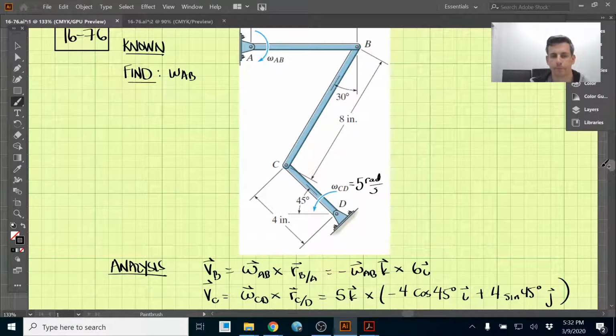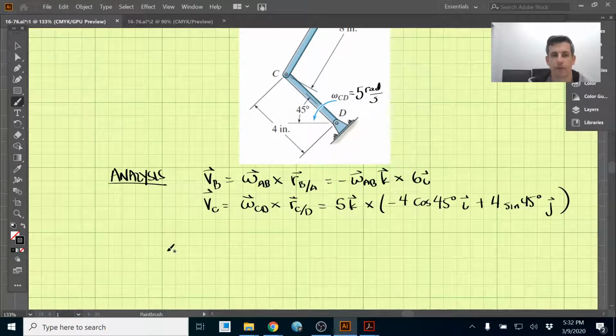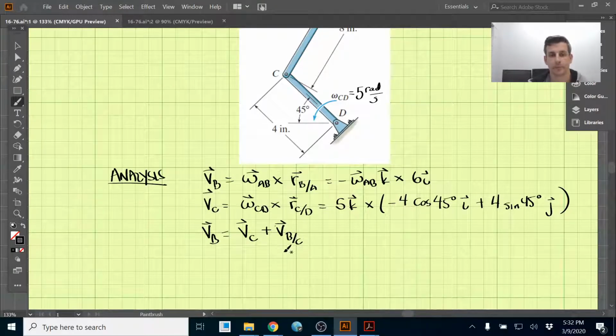All right. So we have the velocity of B and the velocity of C. What we want to do is, if we can find another equation for the velocity of B, we can solve for omega AB. And we can do that. The velocity of B is equal to the velocity of C plus the velocity of B with respect to C. Okay.